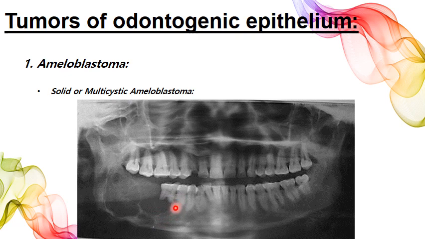So the borders of the lesion in the radiograph, especially in the multicystic ameloblastoma, do not show the correct boundary. During surgery, I must take great care in deciding where the boundary of the ameloblastoma is.